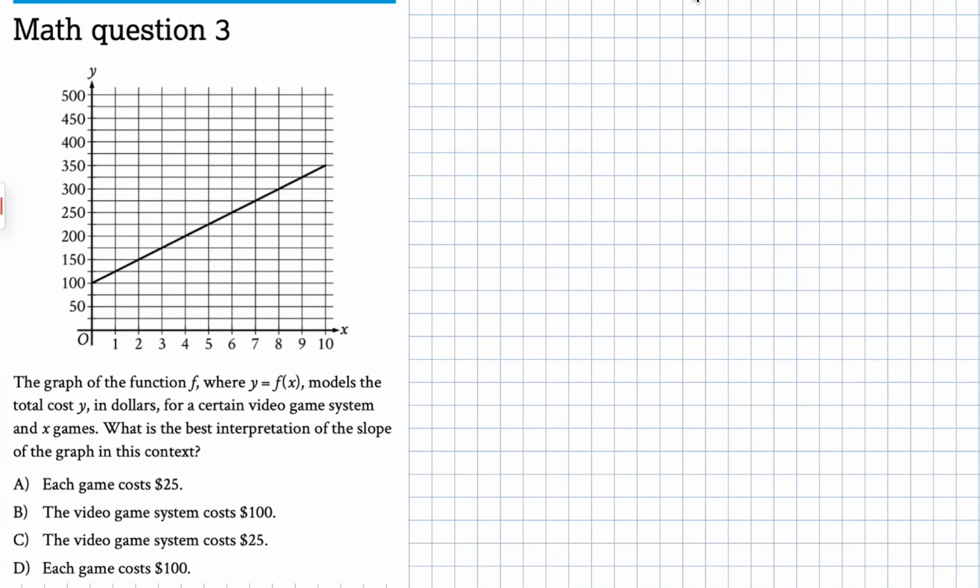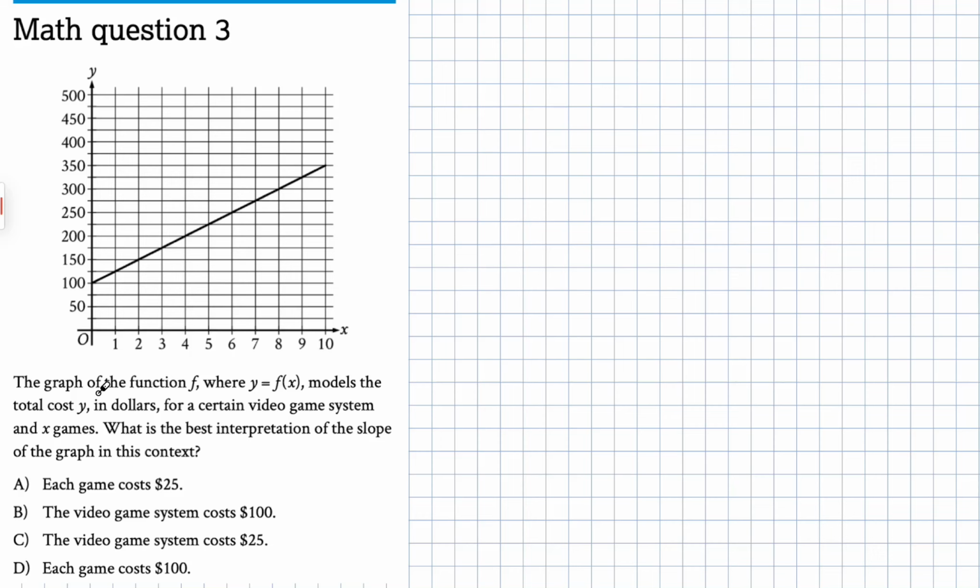Question number 3. Let's read the question first and try to understand it. First of all, whenever you see a linear function, a straight line, that means every value is fixed, right?